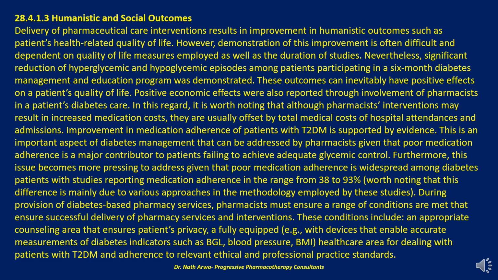These conditions include an appropriate counseling area that ensures patients' privacy, a fully equipped healthcare area, e.g., with devices that enable accurate measurements of diabetes indicators such as BGL, blood pressure, and BMI, for dealing with patients with type 2 diabetes mellitus, and adherence to relevant ethical and professional practice standards.